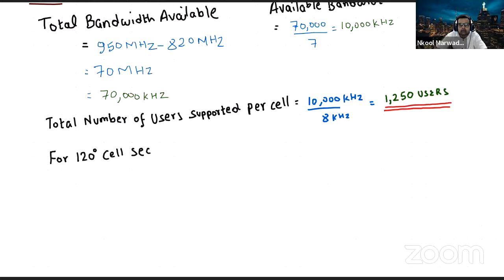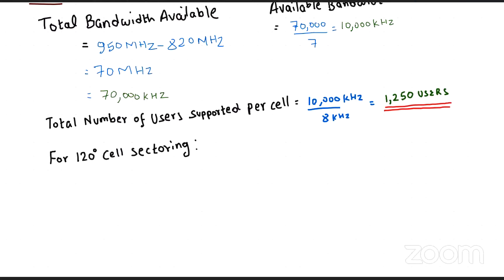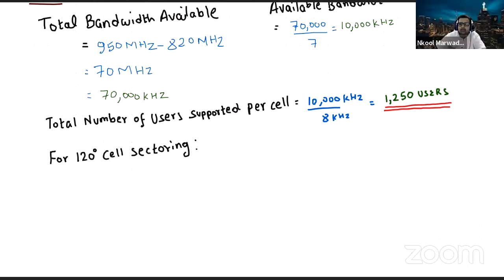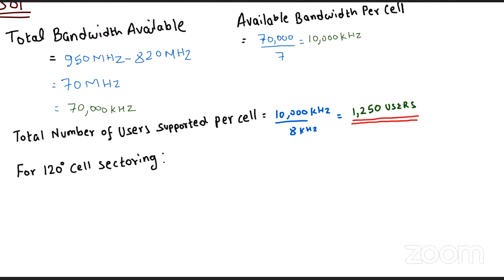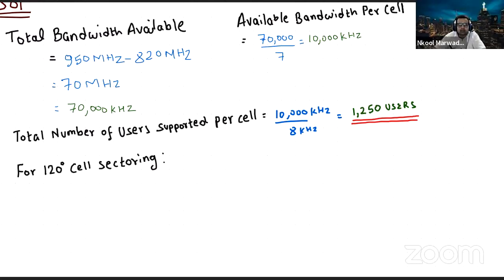We know that whenever we do 120-degree cell sectoring, every cell will be broken into 3 sectors. So whatever bandwidth is available for the cell, divided by 3 will be the bandwidth available for the sector. So I can say something like this.